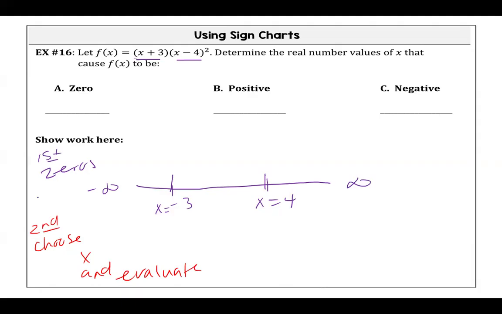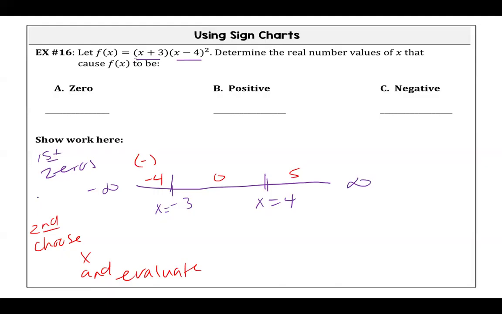So between negative infinity and -3, I'm just going to choose -4. Between -3 and +4, I'm going to choose 0. And between 4 and infinity, I'm going to choose 5. These are the values that I'm going to take and plug in, which is what evaluate means, right? To plug in. So -4 plugged in is going to do what? -4 plus 3 is a negative, right? You're not finding the value.